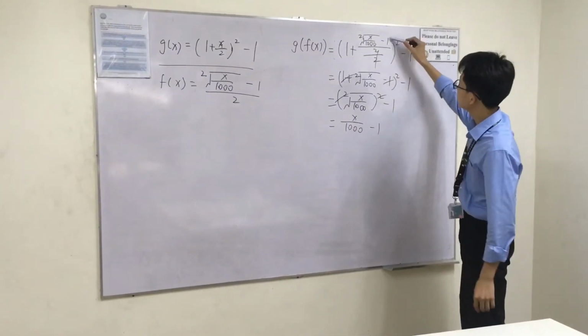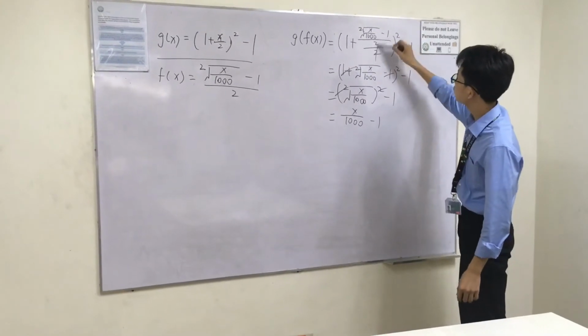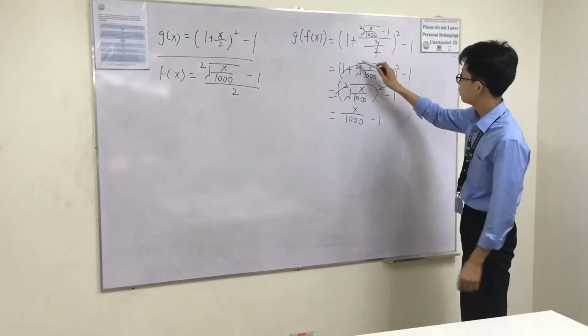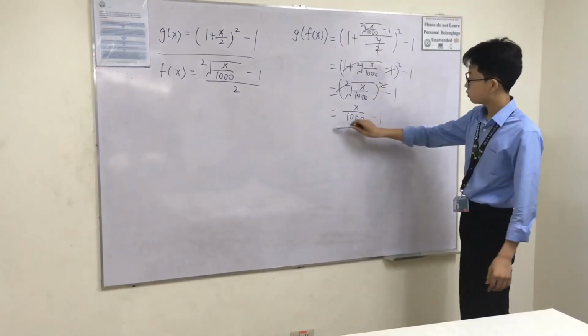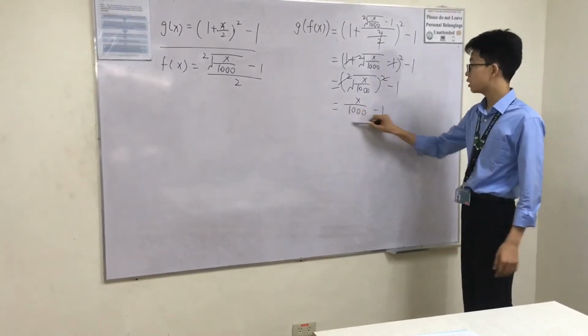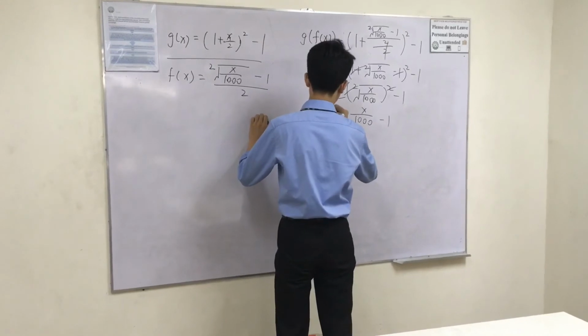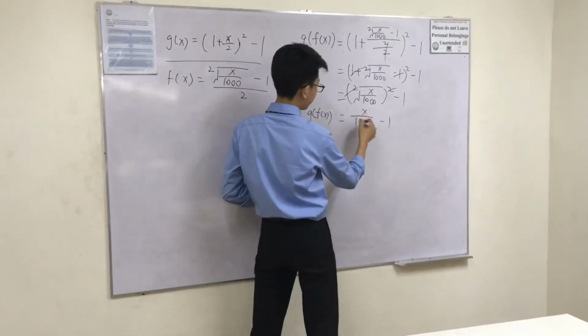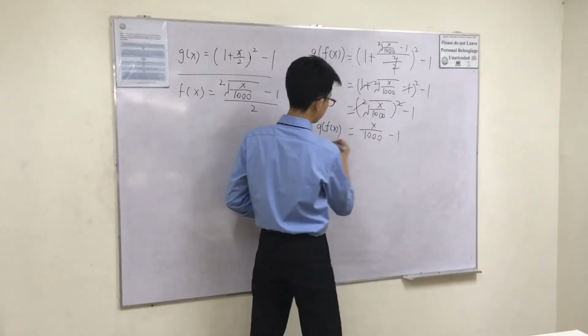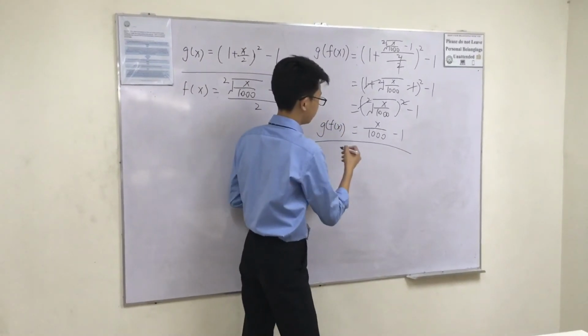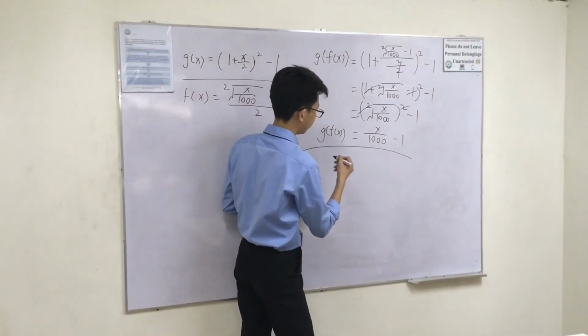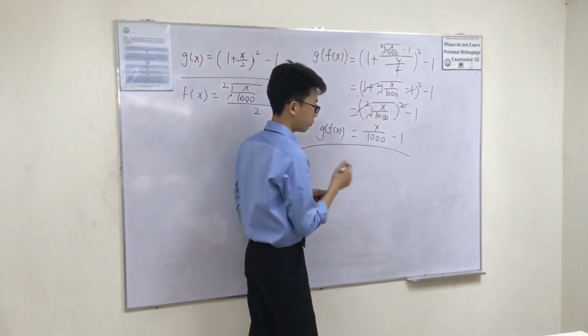So we can cancel everything here, the 2, the 1, and the radical sign. At last we got this, which is g of f of x is equal to x over 1000, minus 1. And this is our function for the nominal rate.